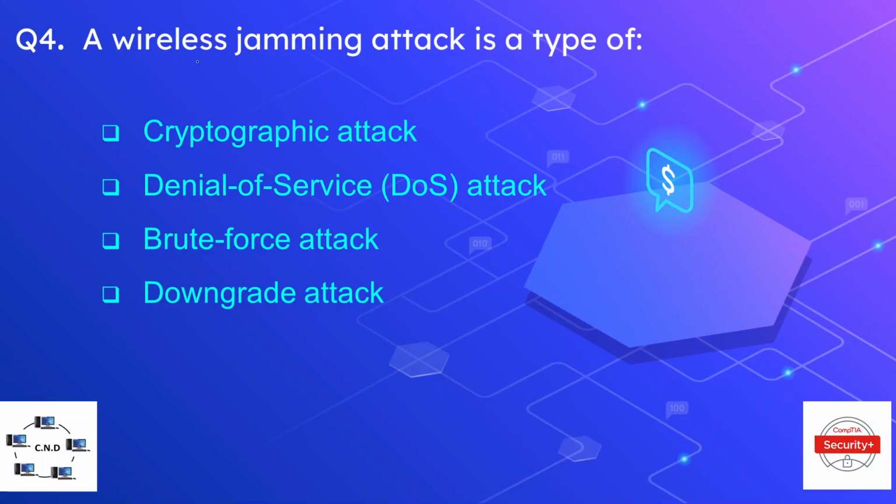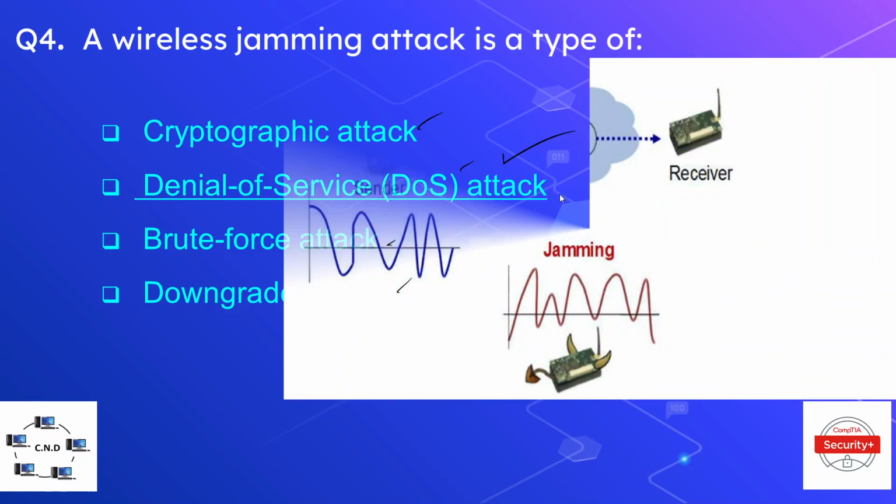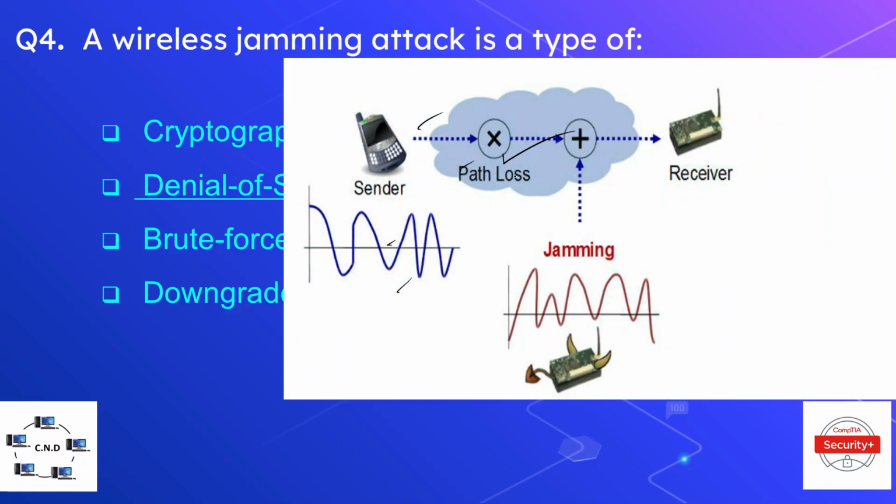Question number four is: a wireless jamming attack is a type of, and the options are cryptographic attack, denial of service attack, brute force attack, or downgrade attack. The correct option is denial of service attack. As the diagram indicates, in this type of attack the attacker sends a jamming signal in the vicinity of the sender and receiver, and in doing so the communication is jammed.